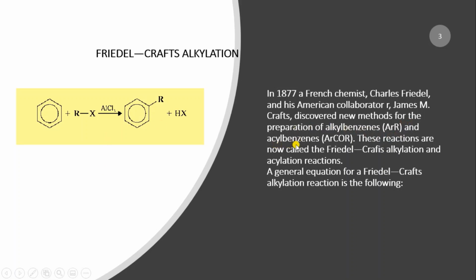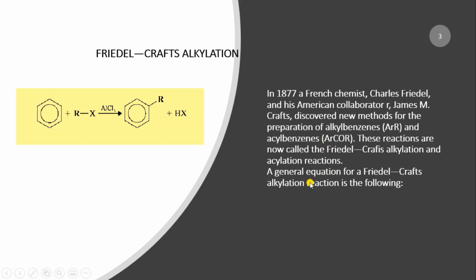These reactions are now generally called the Friedel-Crafts reactions, alkylation and acylation. Depending upon the group, if we have used the alkyl group, we call that alkylation. If we are using the acyl halide, then we call it the acylation reaction.